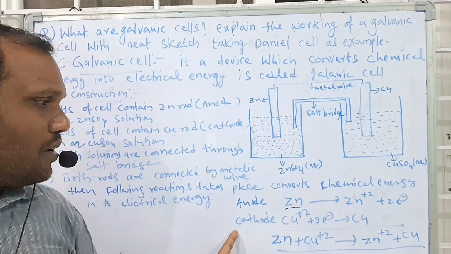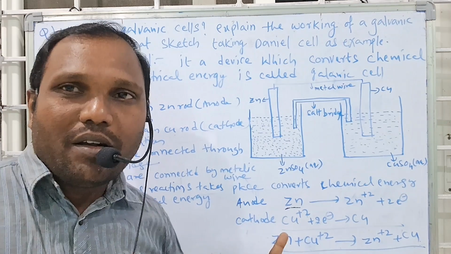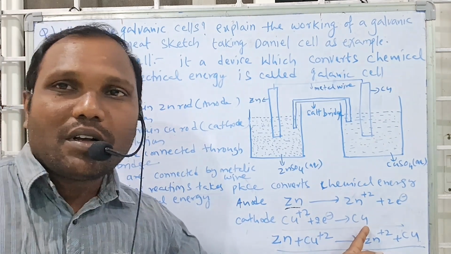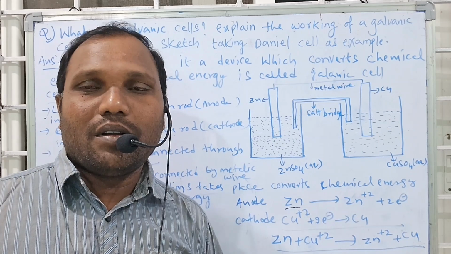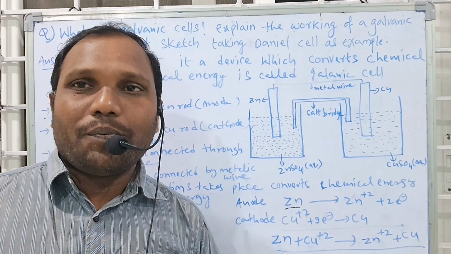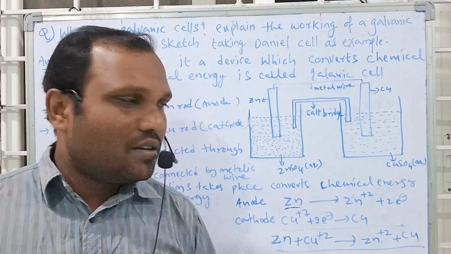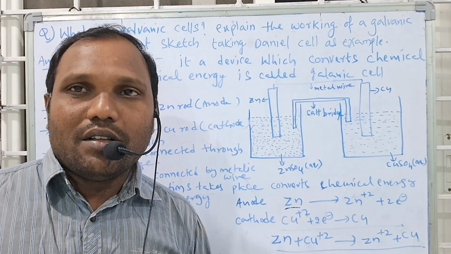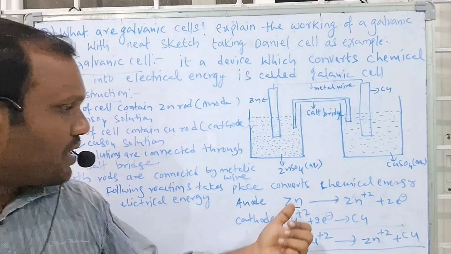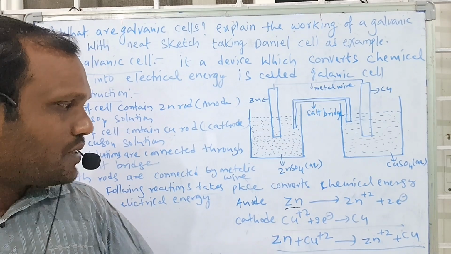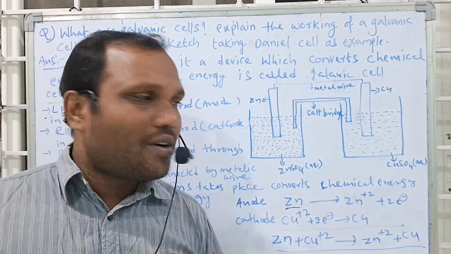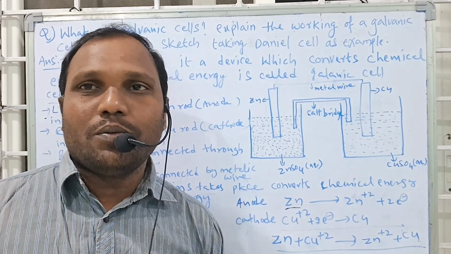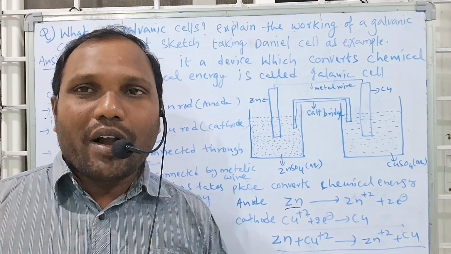At the cathode, copper ion undergoes reduction and forms copper. When we write the overall reaction, the electrons cancel. Now the reactants are Zn and Cu2+ and the products are Zn2+ and Cu.